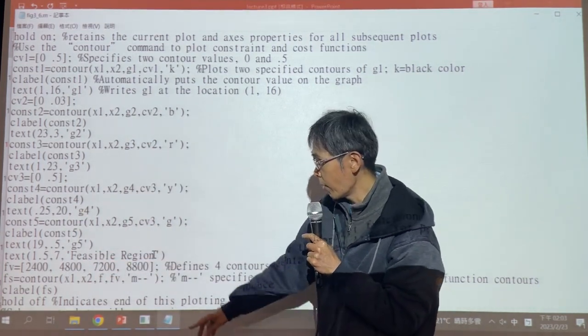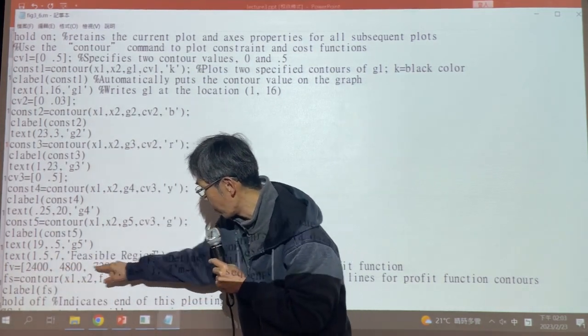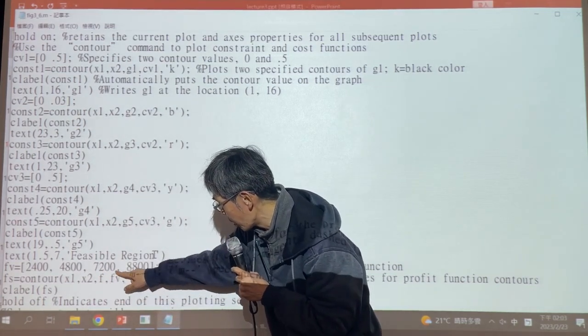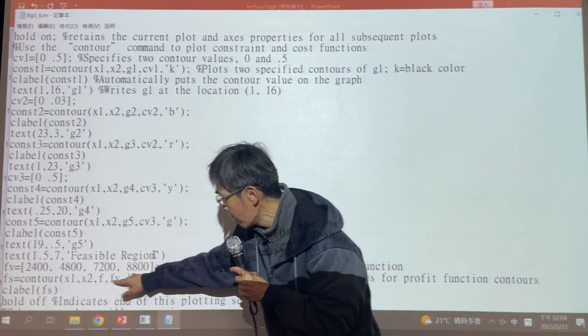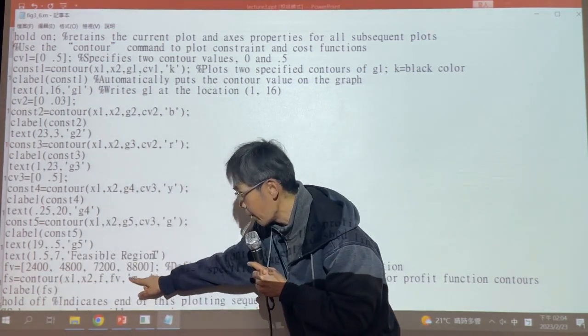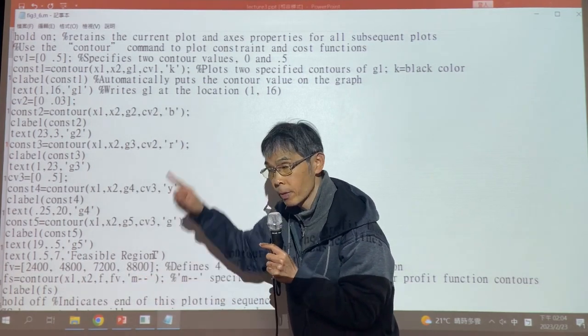Then for the objective function, we take these several values, four contours. For F, we use the four contour values, FV 1, 2, 3, 4. Color magenta, line type dashed.